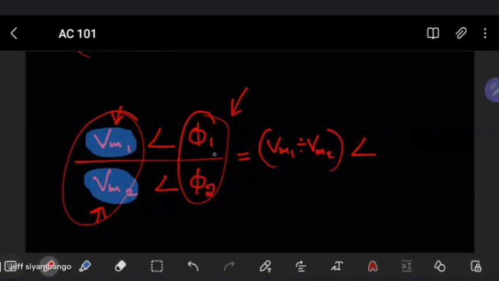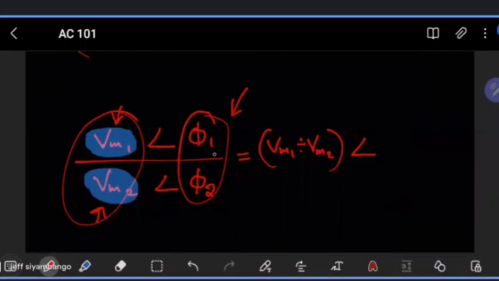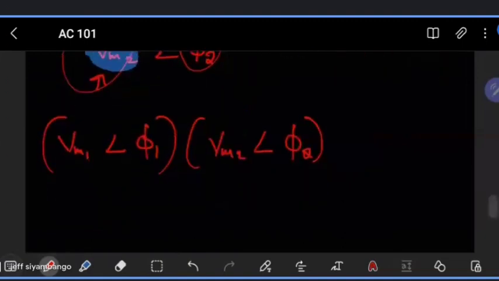Yes, I have. Okay. But if you are multiplying, which is where I am heading now, if you are multiplying V1 with phi1 with VM2 with phi2, the condition is like this. For the maximums, again, these are direct, just multiply them.